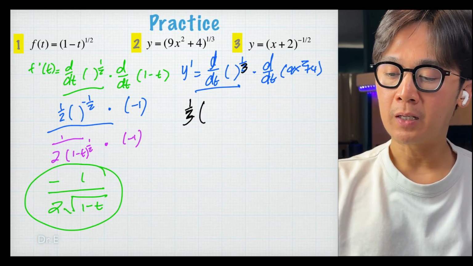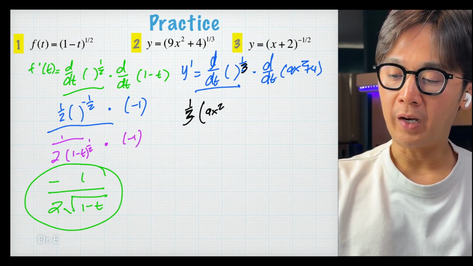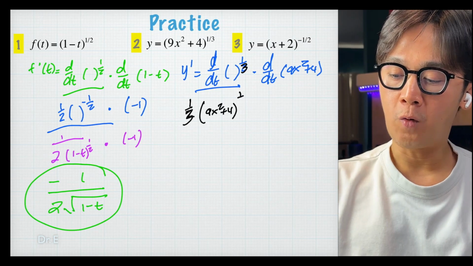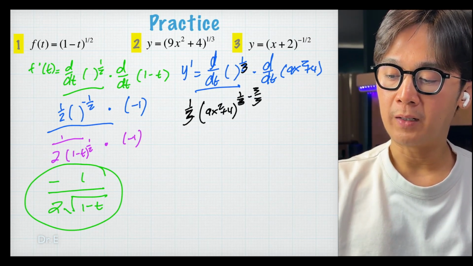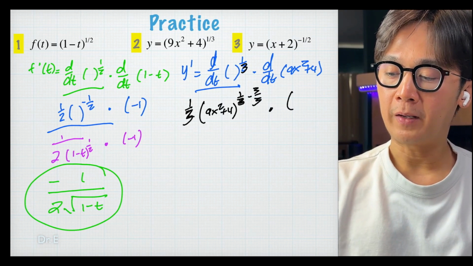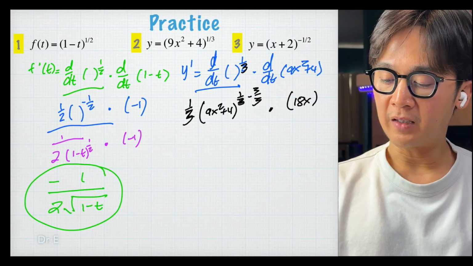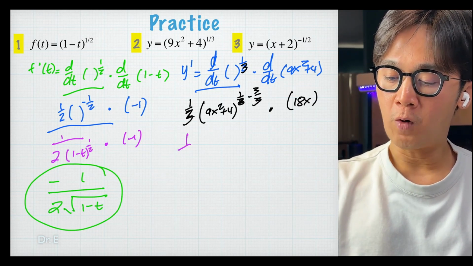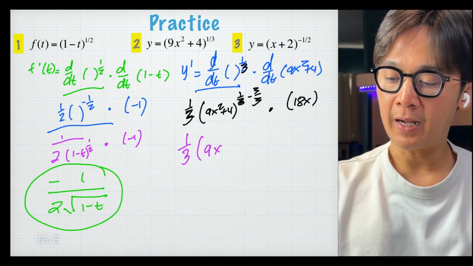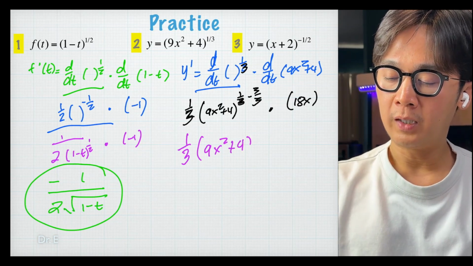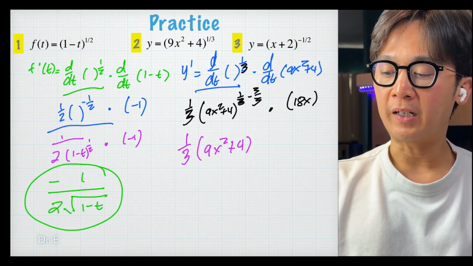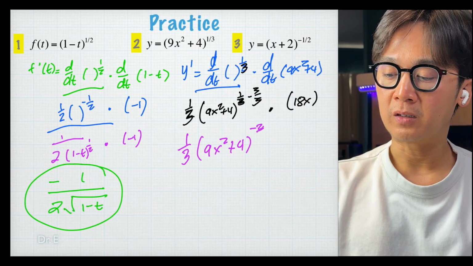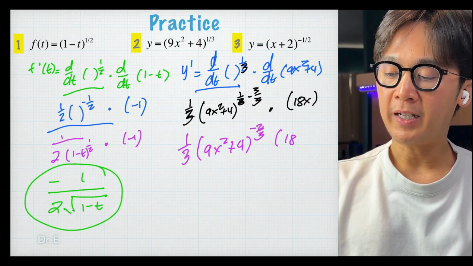So it's 1/3 times (9x squared plus 4) raised to 1/3 minus 3 all over 3, times the derivative of the inside, which is 18x. To simplify further, we have 1/3 times (9x squared plus 4), and 1 minus 3 is negative 2, so it's negative 2/3 times 18x.